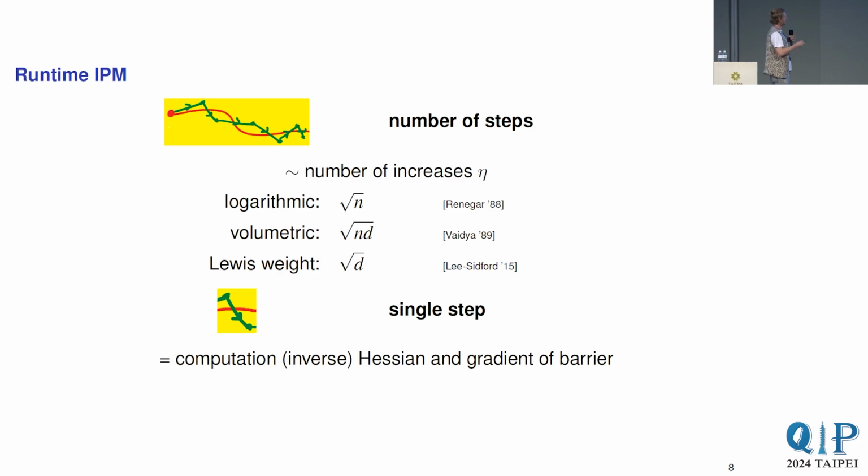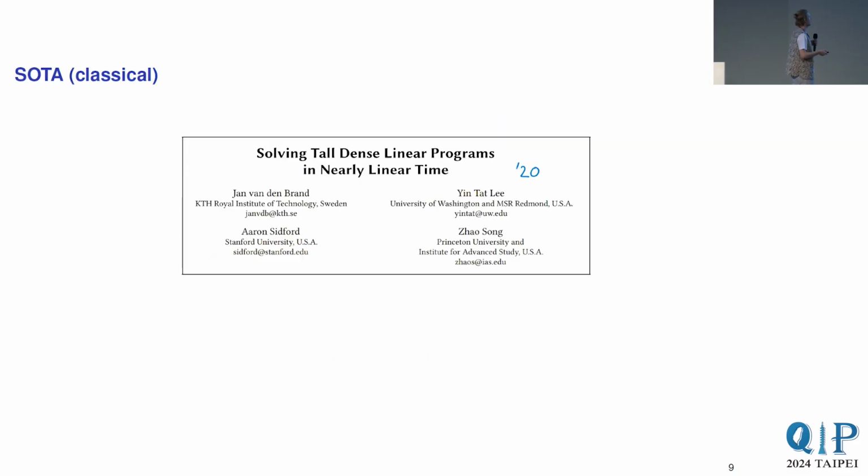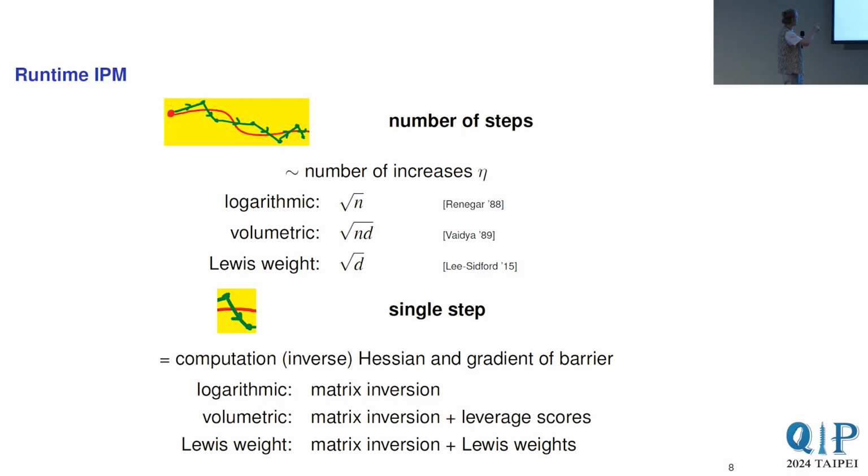So there's a bit of a trade-off there. In fact, you can argue that the log barrier essentially requires matrix inversion. The volumetric barrier requires matrix inversion and the computation of a notion called leverage scores. I'll explain what these are later on. And finally, this most recent barrier uses matrix inversion and Lewis weights, which is a generalization of leverage scores. Again, more complicated.